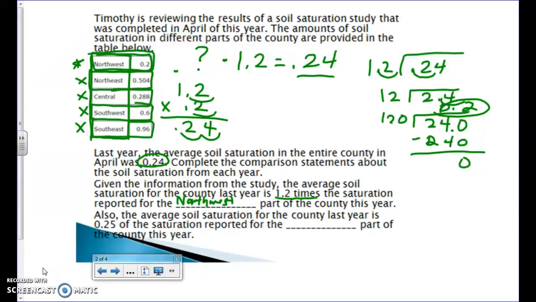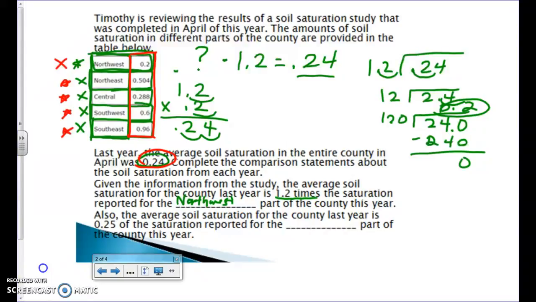So what we're looking for is a number over here in our column that if I multiply it by 1/4, it will equal 0.24 again. So obviously I need a number that's bigger than 0.24 right now. So northwest is out this time. Northeast is a possibility. Central is a possibility, but probably not right. Southwest is a possibility, and southeast is a possibility.